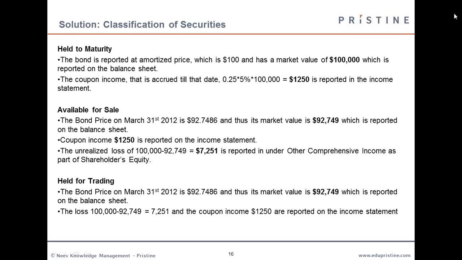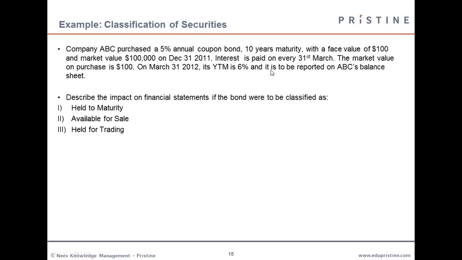So here's the solution. In the case of held to maturity, the bond is reported at amortized price, which is the $100 given in the question.